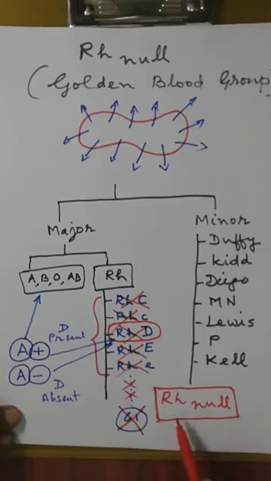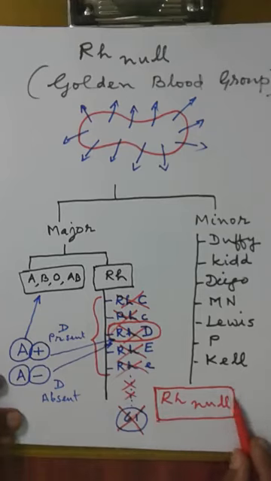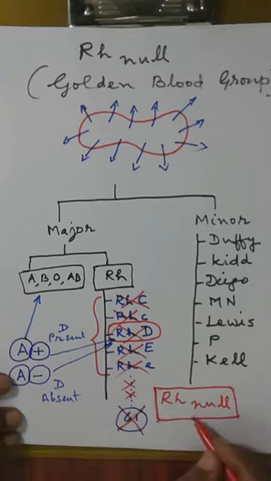His own blood will be taken and kept in the blood bank. Whenever he needs, he can use that blood. For that reason, Rh null is a dangerous blood group for him.